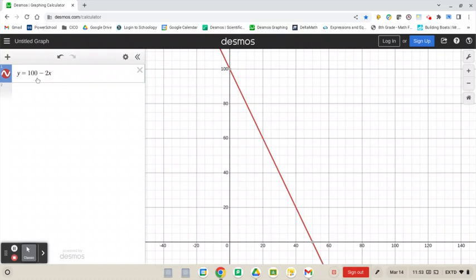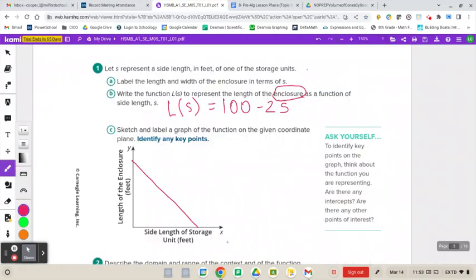2060. What does that point mean? Now, if you're confused, you need to be looking here and here, what those mean. So if I had 20, 60, let's say it's right here, what would that entail?